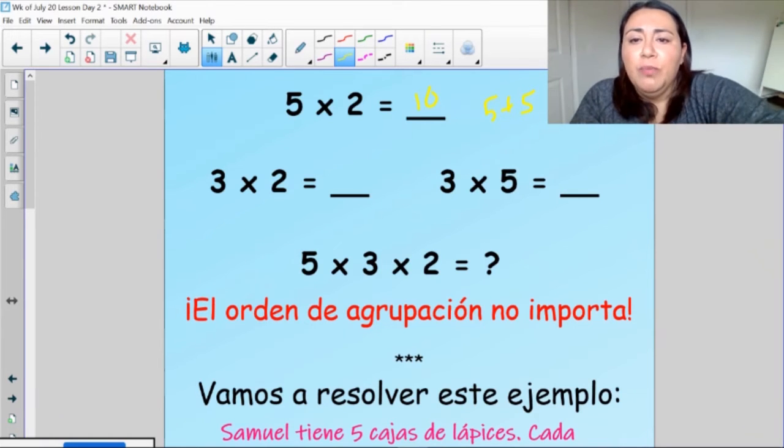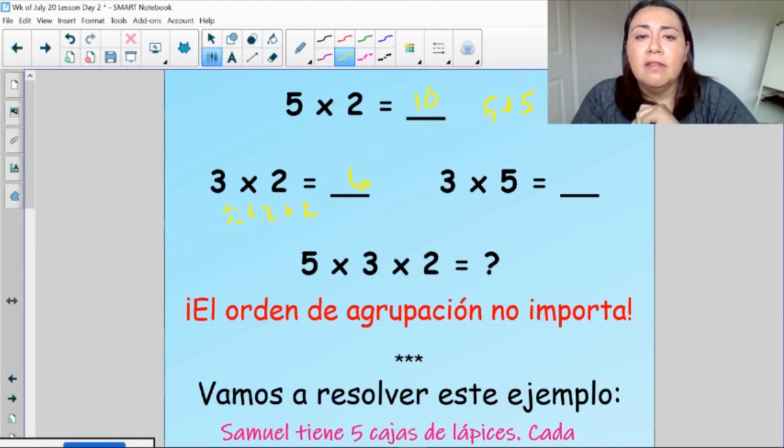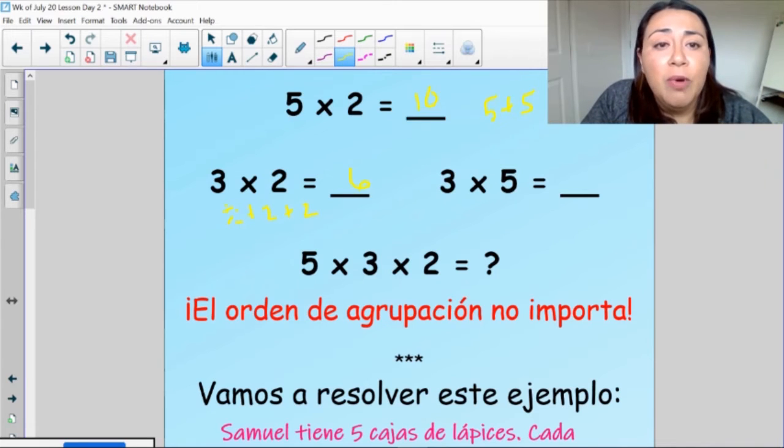Fácil. 3 grupos de 2, puedo hacer 2 más 2 más 2. Son 6. 3 grupos de a 5, puedo contar de 5 en 5. 5, 10 y 15. La respuesta es 15.